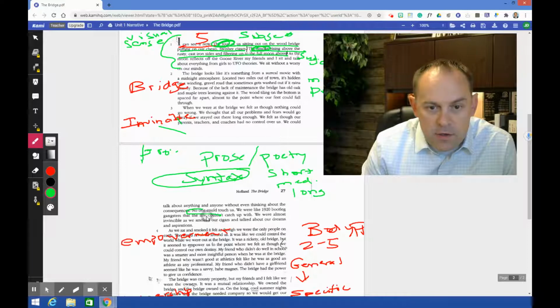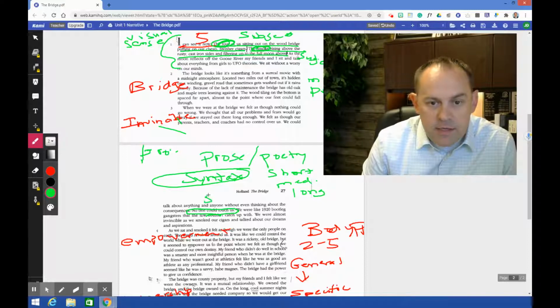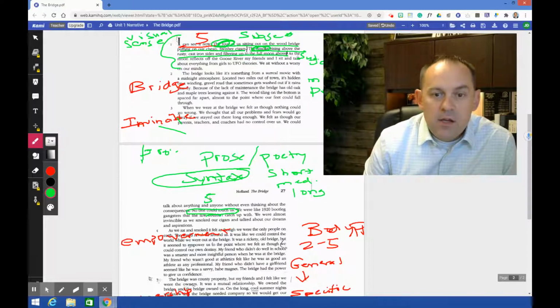No one could touch us. 1, 2, 3, 4, 5. 5 words in that sentence. I would call that a short sentence. And then you've got, we were like 1920 bootleg gangsters that the law couldn't catch up with. That would be a medium length sentence. We were almost invincible as we smoked our cigars and talked about our dreams and aspirations. That's a medium length sentence.